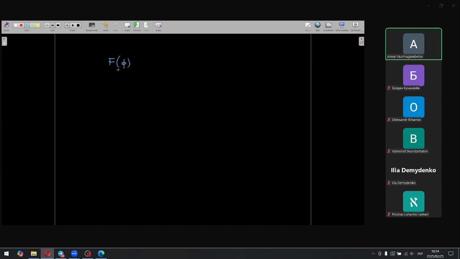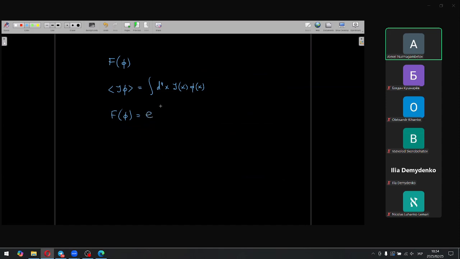So now, if we introduce the following shorthand for integral over d4x Jx phi x, then F depending on phi can be reproduced from the following combination.